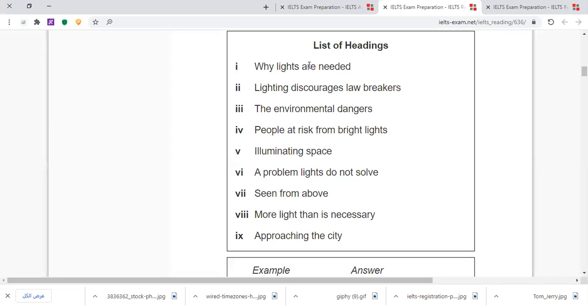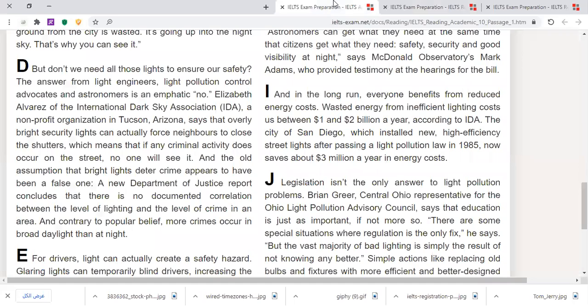Does paragraph D talk about why lights are needed? Yes? Are you sure? No. What does this paragraph talk about? Do we need light to ensure our safety? The whole paragraph was about whether crime can happen only in a dark place.